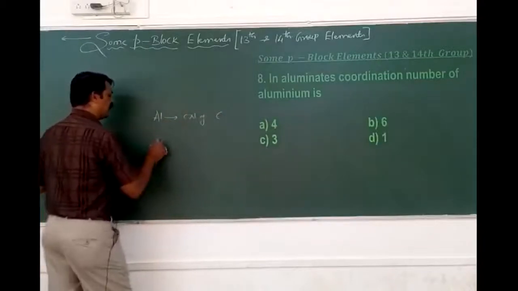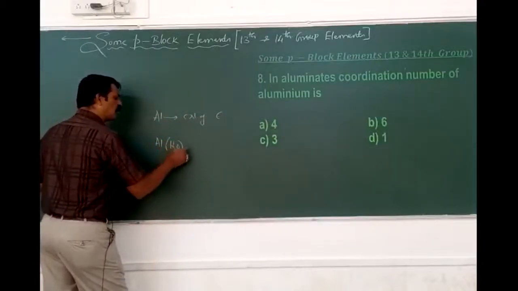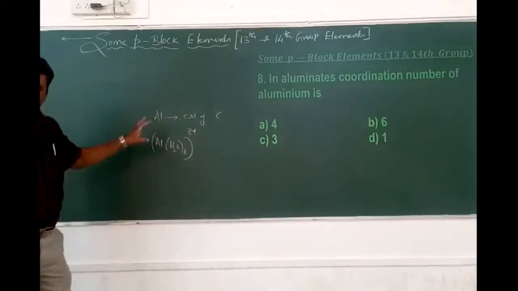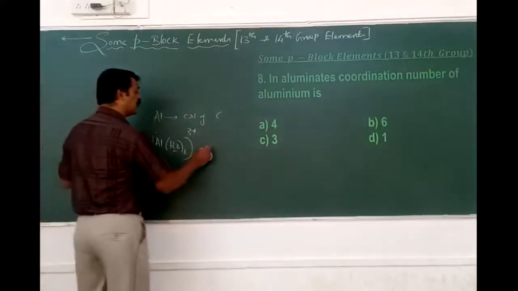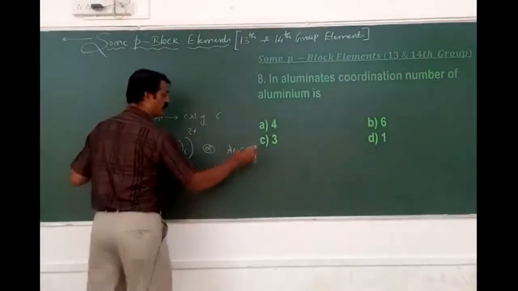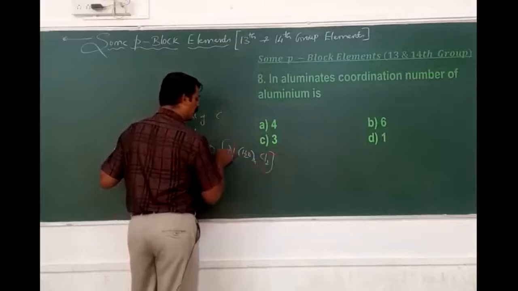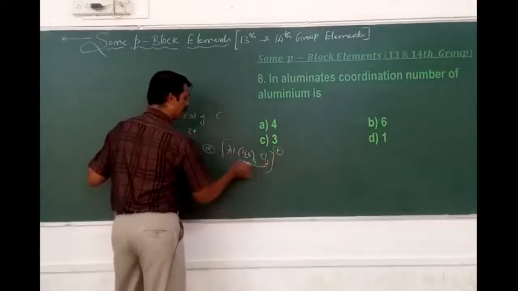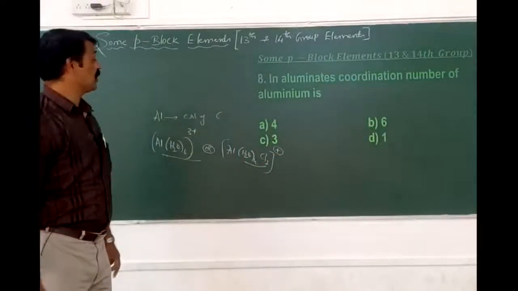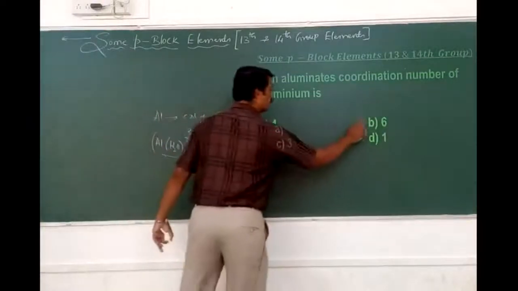For example, [Al(H2O)6]3+, whatever the anion present, or if it has any other ligands, for example Cl, we can expect the charge to be plus 3. In every case, the coordination number of aluminium is only 6.